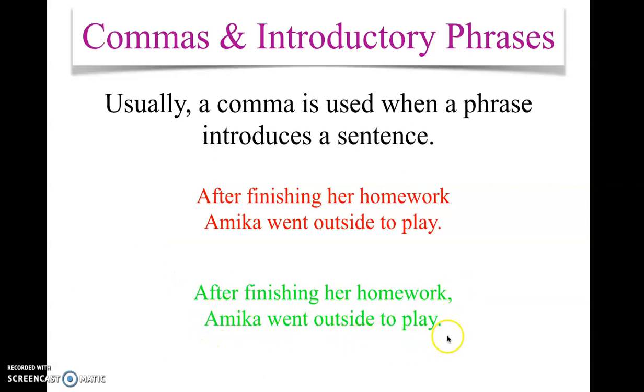She did this after this, right? Now keep in mind, if you've watched the other video where we talked about this sort of grammar, if we move this introductory phrase after this independent clause, then we would not use a comma. Amika went outside to play after finishing her homework. That is also good, okay?